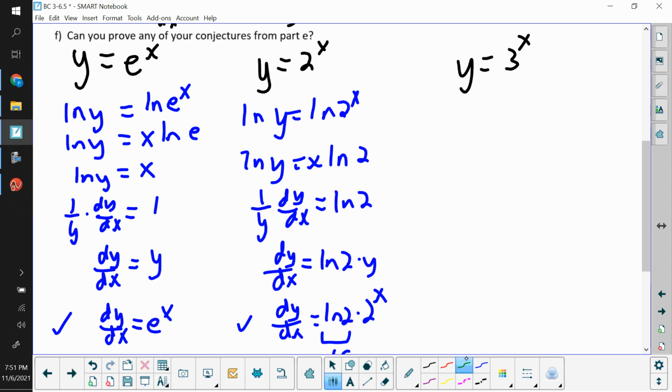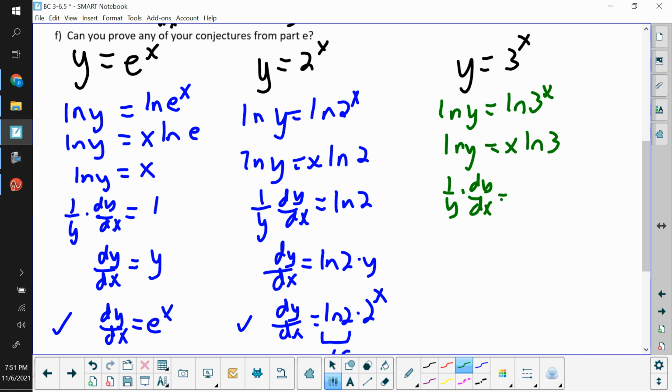And lastly, we'll do the same thing for 3 to the x. So we'll have ln y equals natural log of 3 to the x. That's natural log of y equals x natural log of 3. We'll do 1 over y times dy dx equals natural log of 3. dy dx is just natural log of 3 times y.